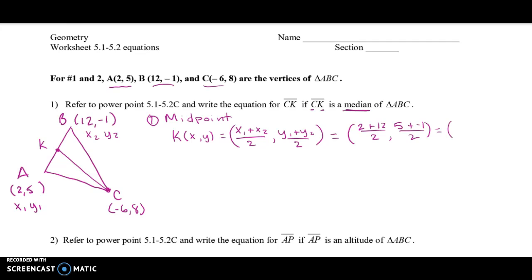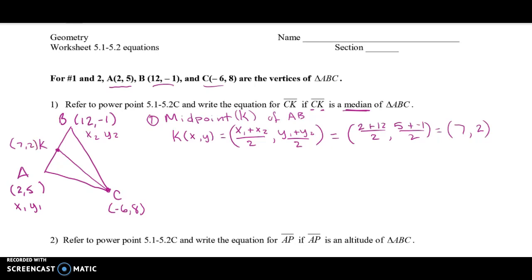So that's going to be 14 divided by 2, which is 7. 5 plus -1 is 4, divided by 2 is 2. So if you remember, this was the midpoint K, which was the midpoint of AB. So now we know K. K is 7, 2.